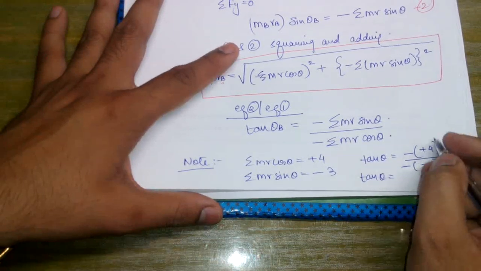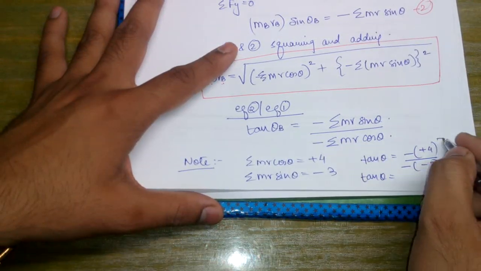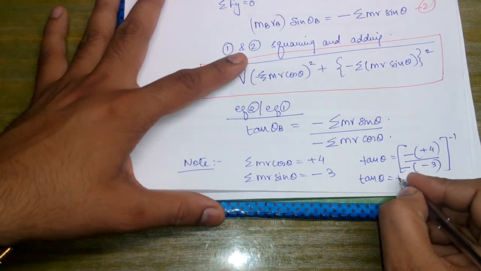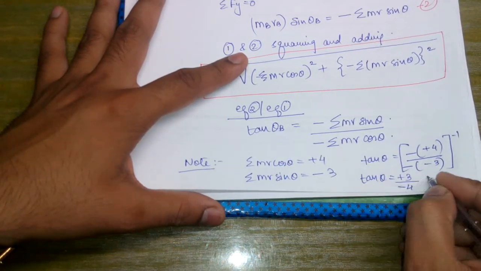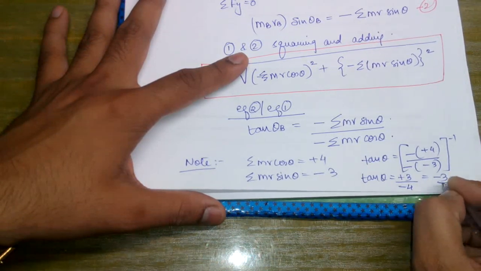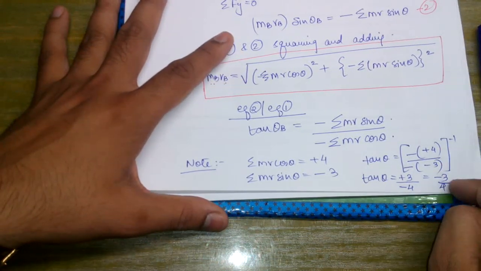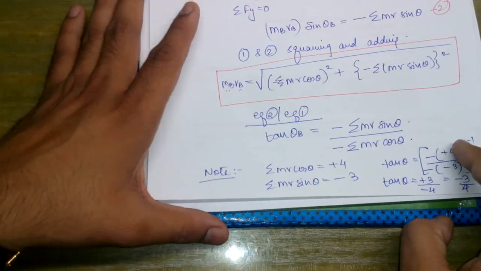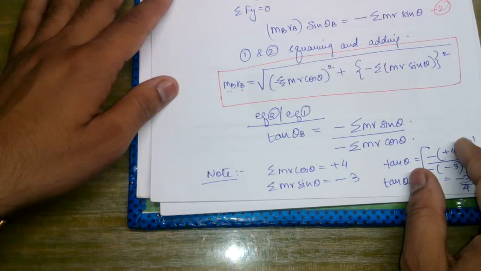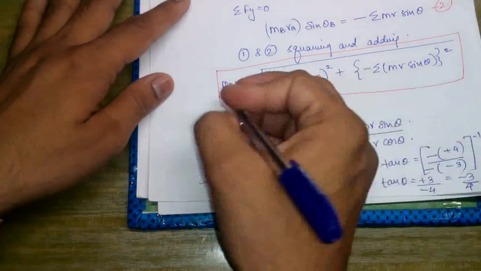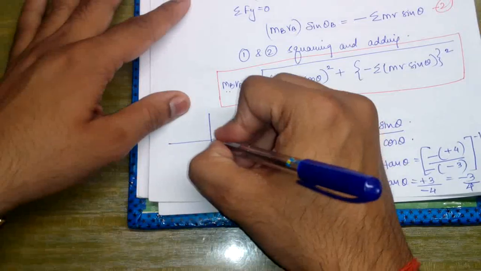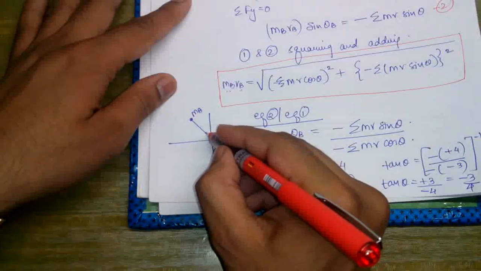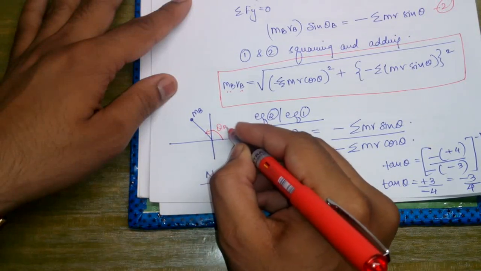So this is actually plus 3 upon minus 4, so it ultimately becomes minus 3 by 4. Now tan is negative, so in which quadrant is tan negative? Tan is negative in the 2nd quadrant, and it is also negative in the 4th quadrant. So if we draw the balancing mass, it would come here, mb, such that this angle is theta b.